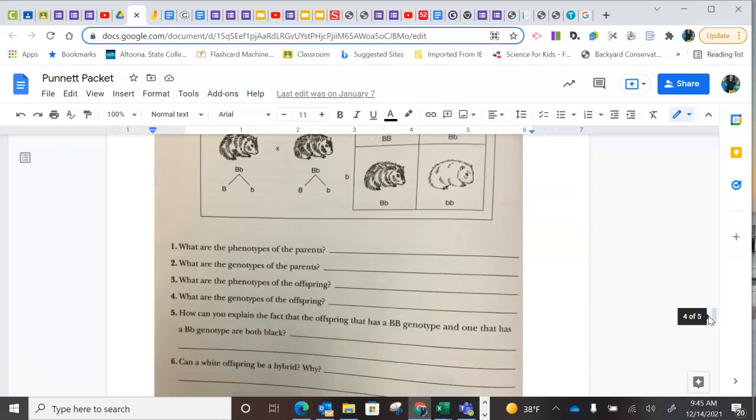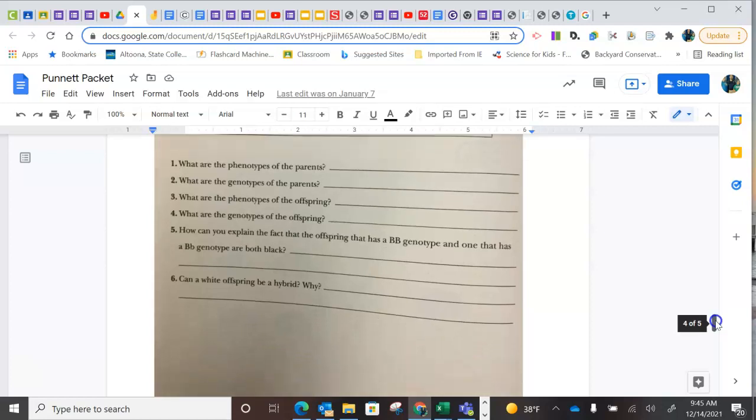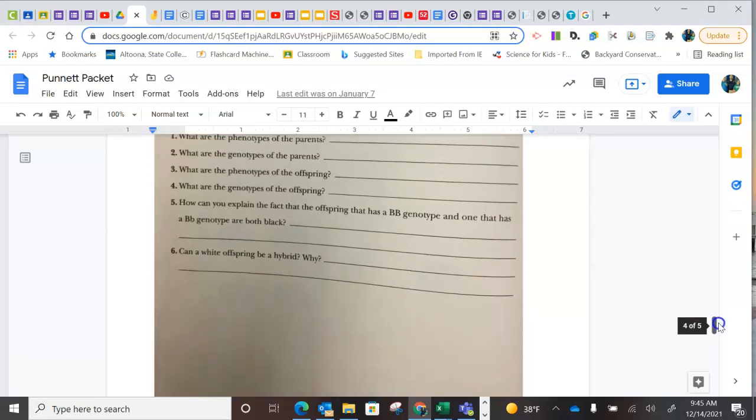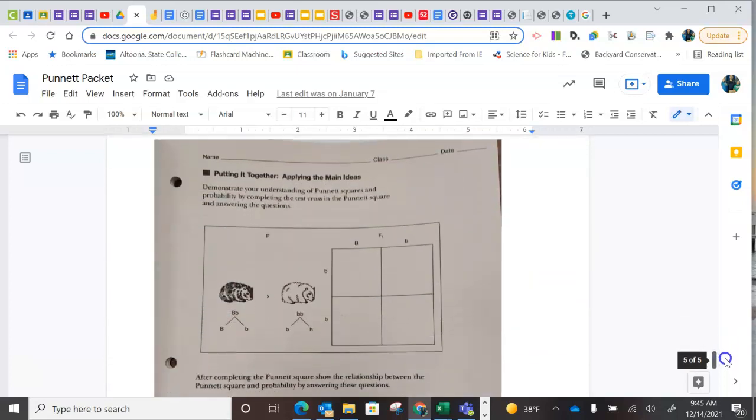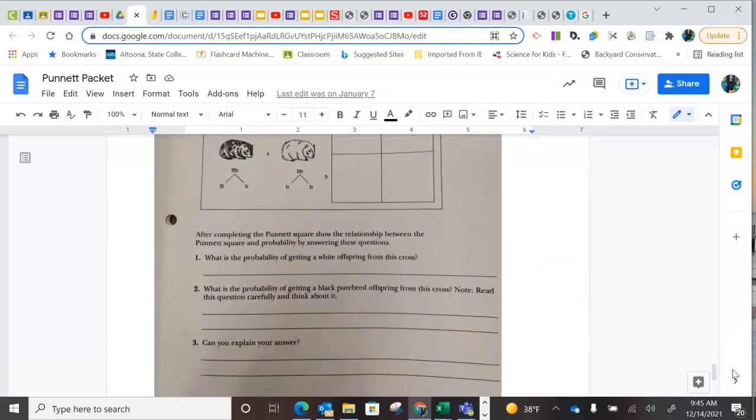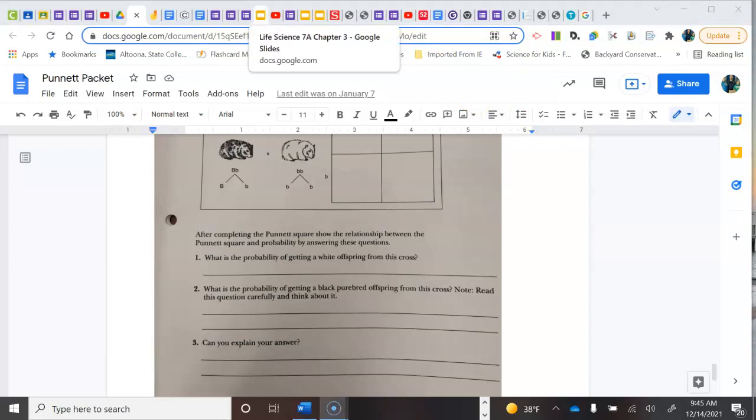So then you'll have these questions here to do. You'll have one that you have to work out on your own. One little tidbit on this one here. It says, what is the probability of getting a black purebred?